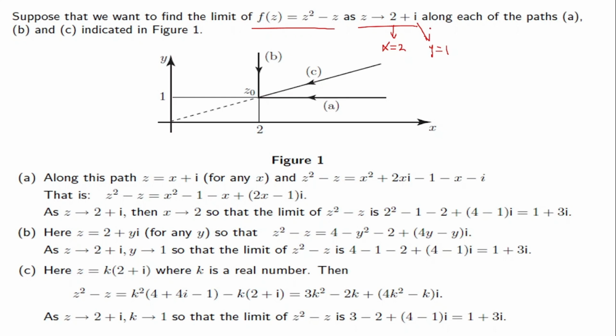For us to get a limit, you are going to test it along path A, path B, path C. The good news is that if you test it along path A, path B, and path C, all your answers must be the same. If you see the answer here is the same along path B, and along the other path is the same. If you do it and you make an error, you are wrong. So the most important thing is to understand what I'm going to do here, because if you miss it, you will not be able to get it.